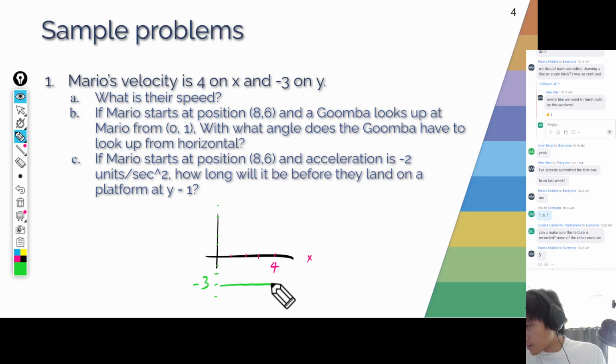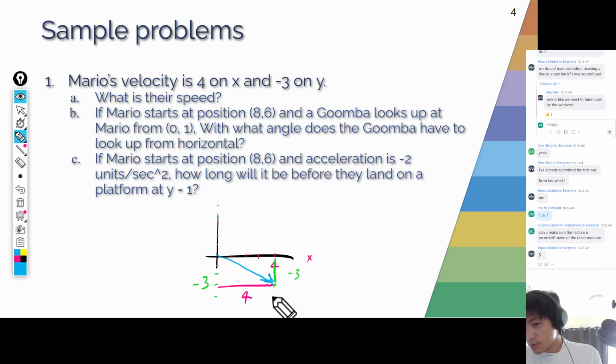Here is our y of -3, and here's our x of 4. So what do we have here? Well, we have a vector, yes, but that vector happens to be a right angle triangle.